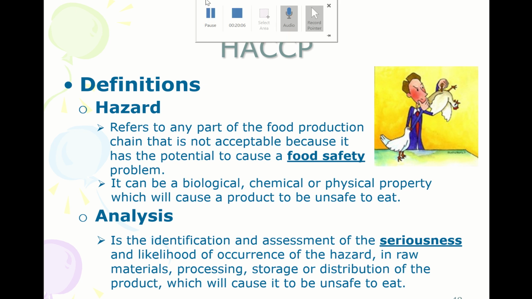After you identify your hazard, you analyze them. What kind of analysis do you perform on the hazard? You identify whether it is serious or not. For example, if I accidentally find somebody's hair inside the food, at most I vomit a bit. That's all. I won't fall seriously sick.